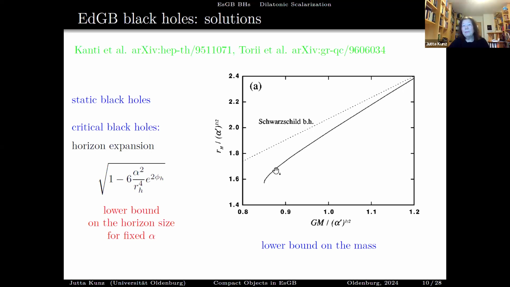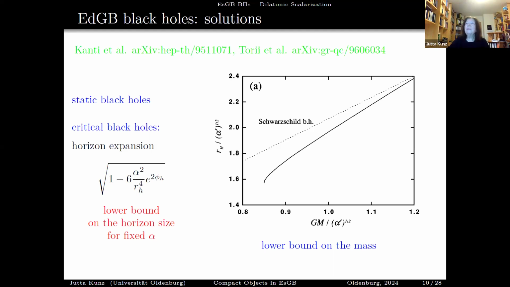For small masses, we just stop. The solutions don't continue. As already explained by Jose, we get a square root in the expansion, and if we wanted to continue in this direction, the scalar field would become complex. So no way, we don't want that. We have to stop here, so we have a minimal mass.